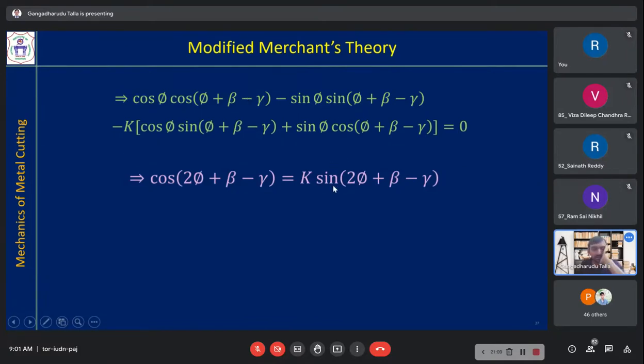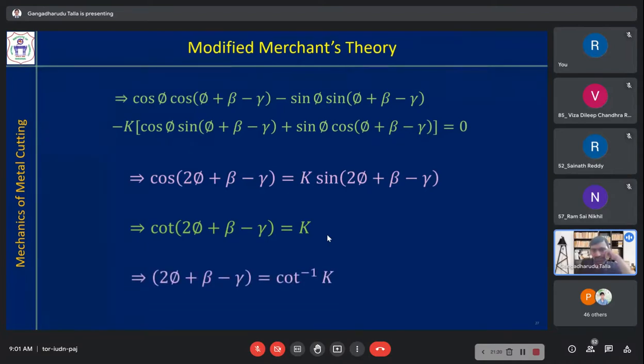It is sin(A plus B), sin(2 phi plus beta minus gamma). So this is the equation. Now if you take them to one side, they will become cot(2 phi plus beta minus gamma) is equal to K. So finally, you can write 2 phi plus beta minus gamma is equal to cot inverse K.